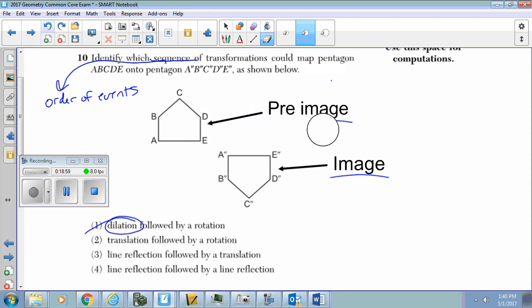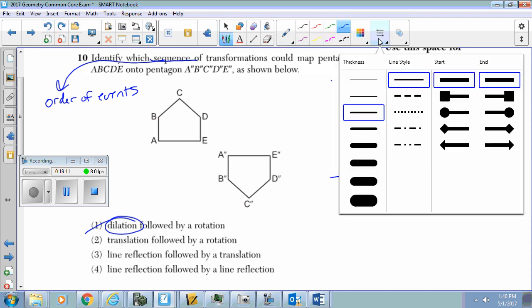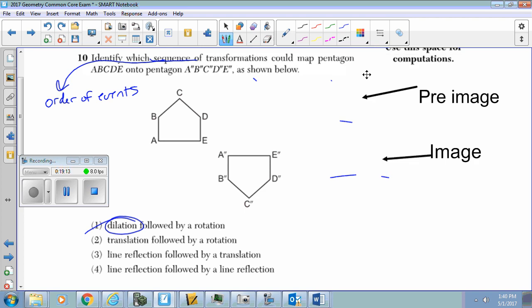So what if it got moved this way? So all these points got moved this way, right? And then got reflected.